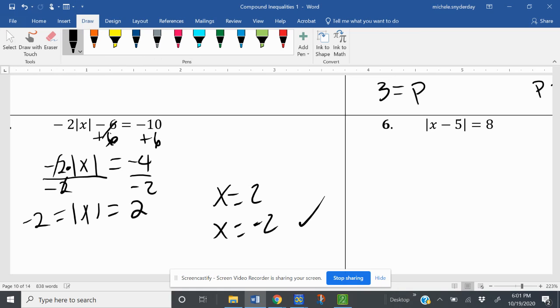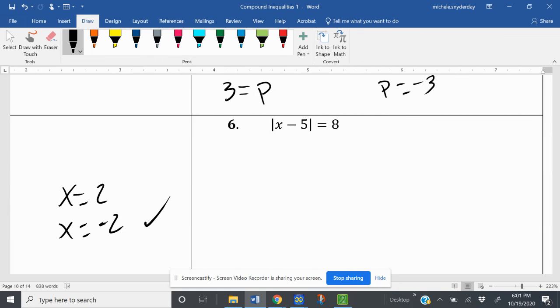Last example, there's nothing on the outside, and it's equal to a positive 8. So that means it could have been a negative 8 on the inside of the absolute value symbols. So we've got negative 8 equals x minus 5, and x minus 5 equals a positive 8. Add 5 to both sides.